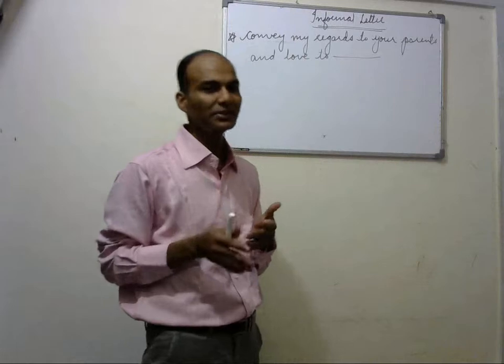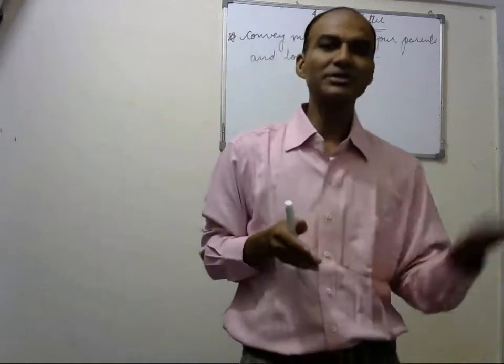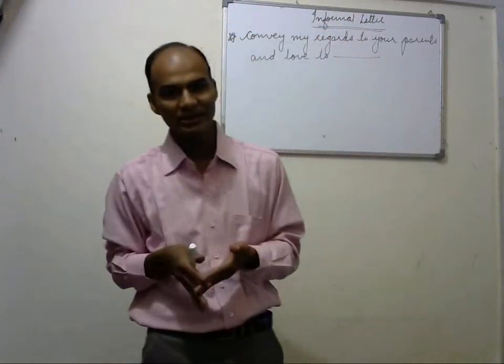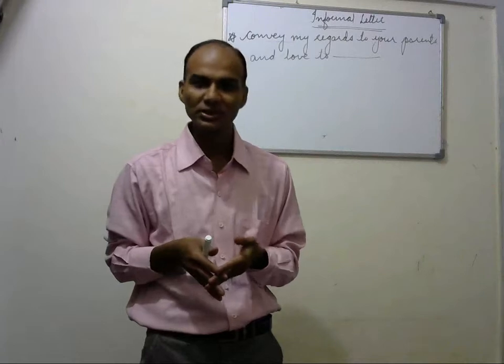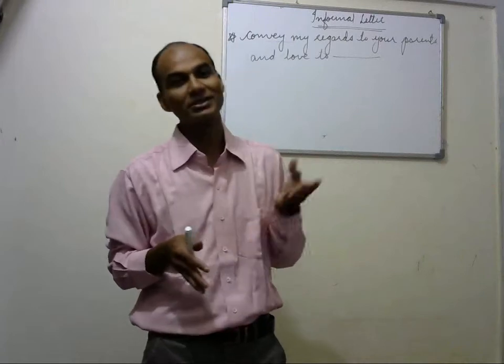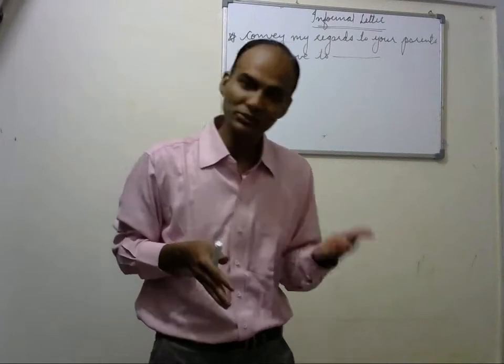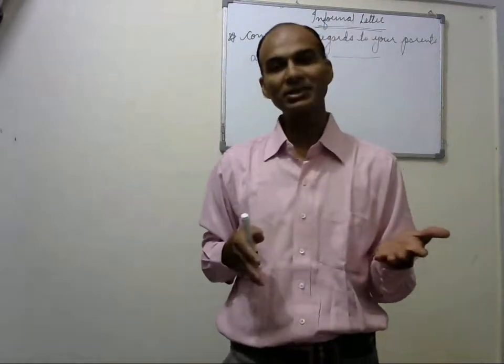So you need not use this traditional style of ending a letter, because there is no such rule that you must end your informal letter like this. You may choose something else, you may write something else.